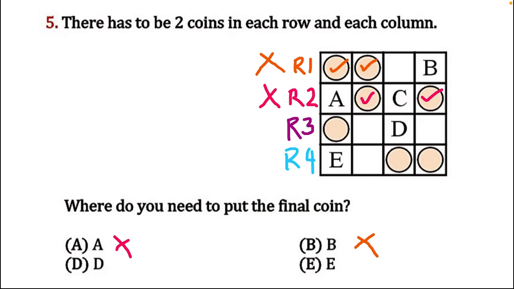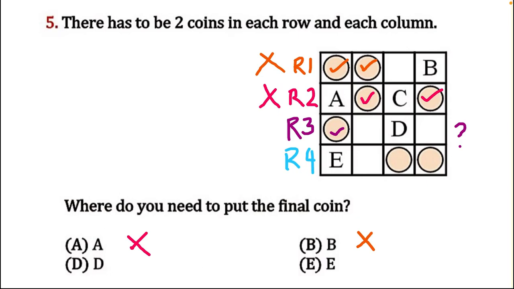In row number 3 there is only 1 coin and we need to put another coin in order to satisfy our condition that there has to be 2 coins in each row and each column. So in row 3 there is no other coin. It means option D is correct, because we need a coin instead of the letter.